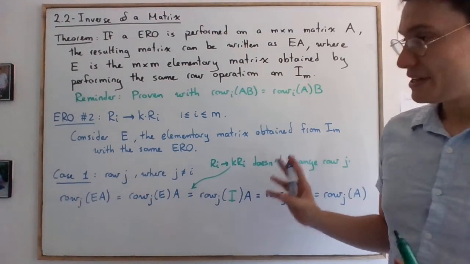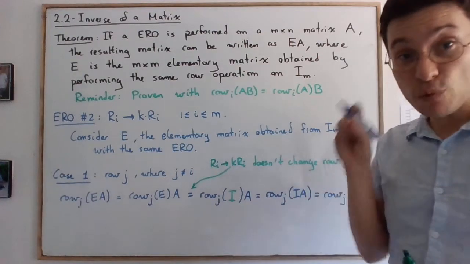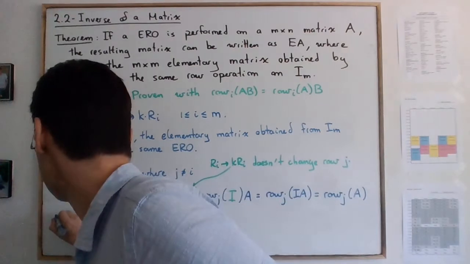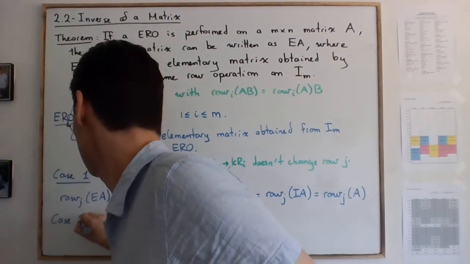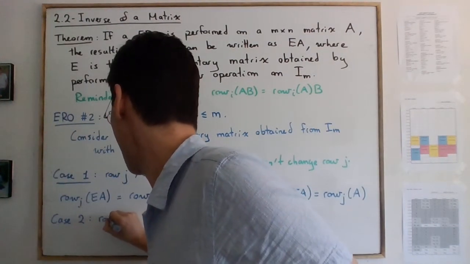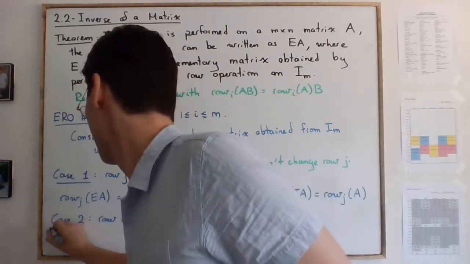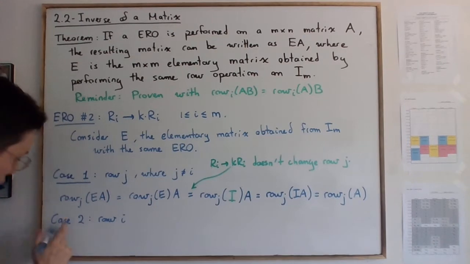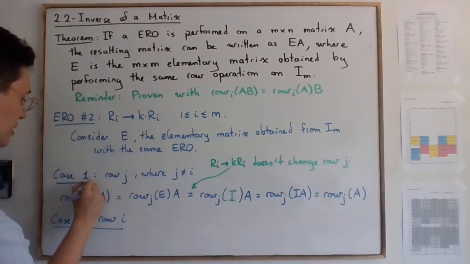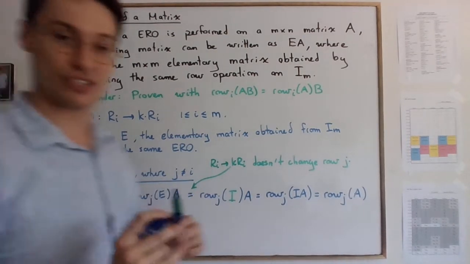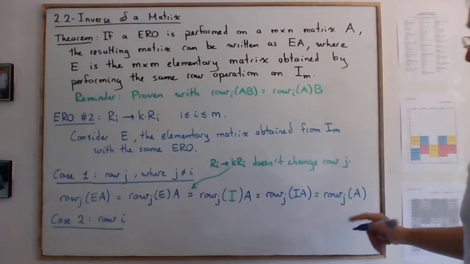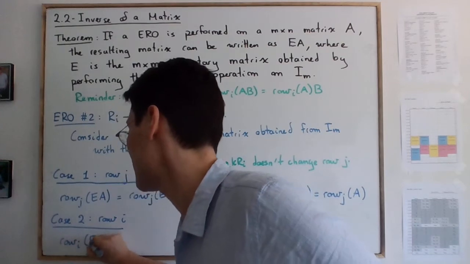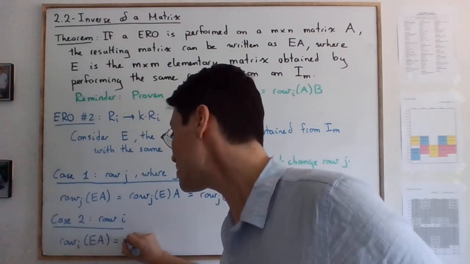What's left is the second case, if we hit the row that has been scaled. Case number 2, row i. Then we have the row i of E times A, and we do the same process.